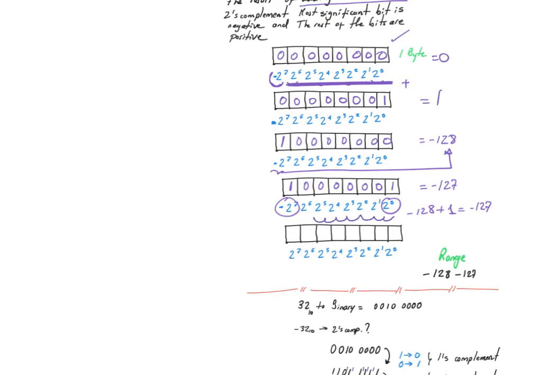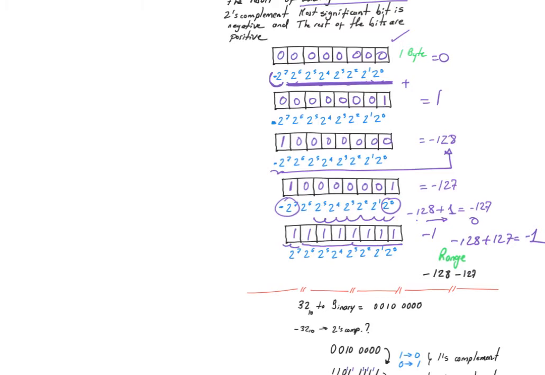If we start using 1s, we're going to go from minus 128 up to 0. So what would be the minus 1? The minus 1 would be this, since we have all the positive values added plus the negative value. So we would have minus 128 plus 127, which would give us minus 1, right?